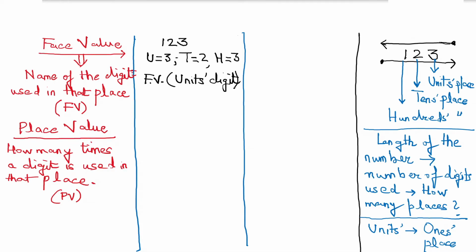And by now we already know the definition of face value. The definition of the face value is nothing but the name of the digit used in that place. So in that case, that will be 3.